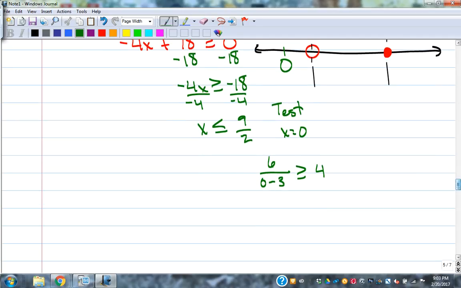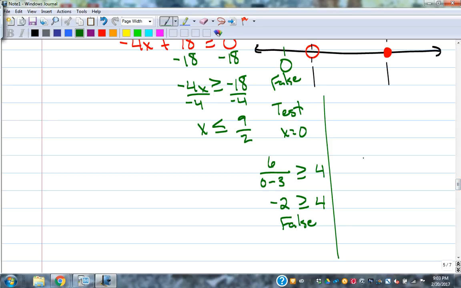We've got to decide if that's true or false. So 6 over -3 is -2. Is -2 greater than or equal to 4? Yeah, that's false. So that means that area is not an answer. This is a false area.